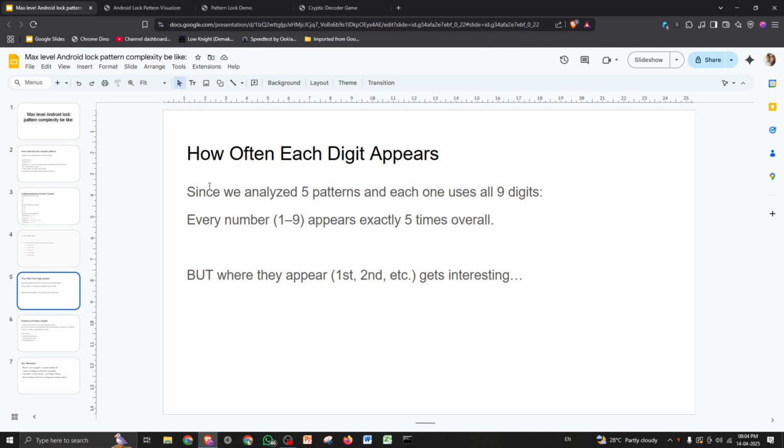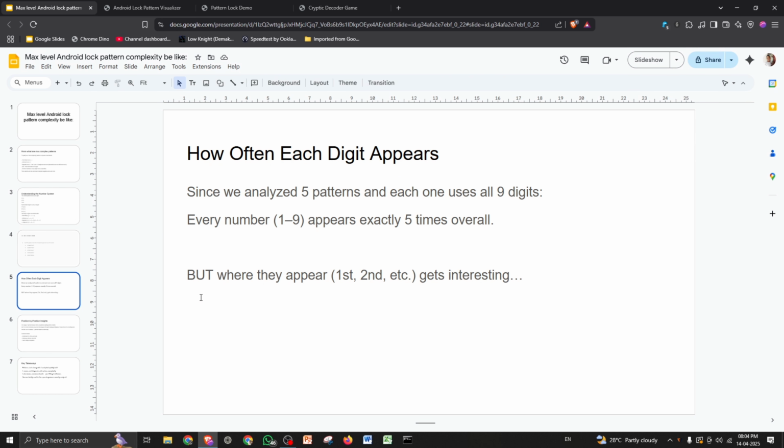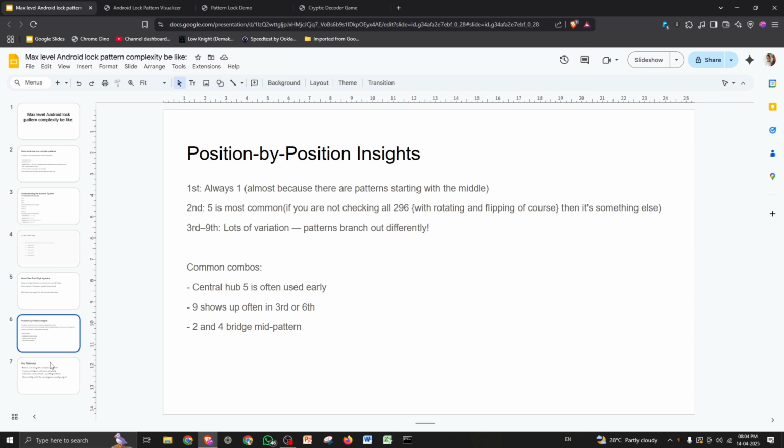So how often does each digit appear? We just analyzed 5 patterns, so every digit from 1 to 9 comes up about 5 times. But where they appear, first, second, etc., is interesting, I would say. This is a 7 slide presentation and we are just at the end. First, 1 is always first.